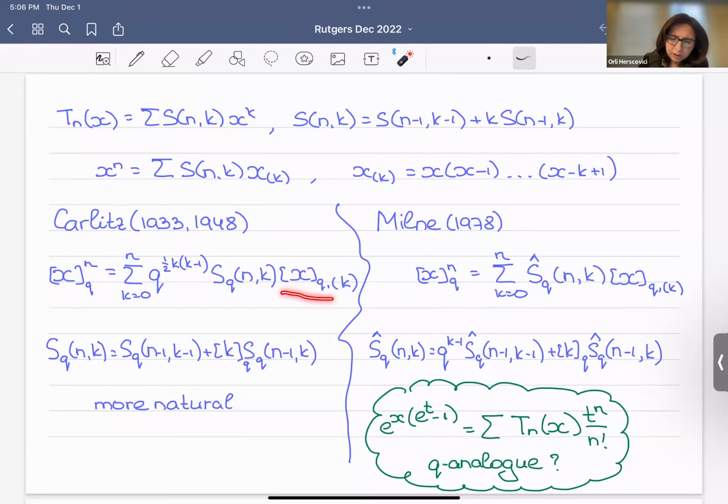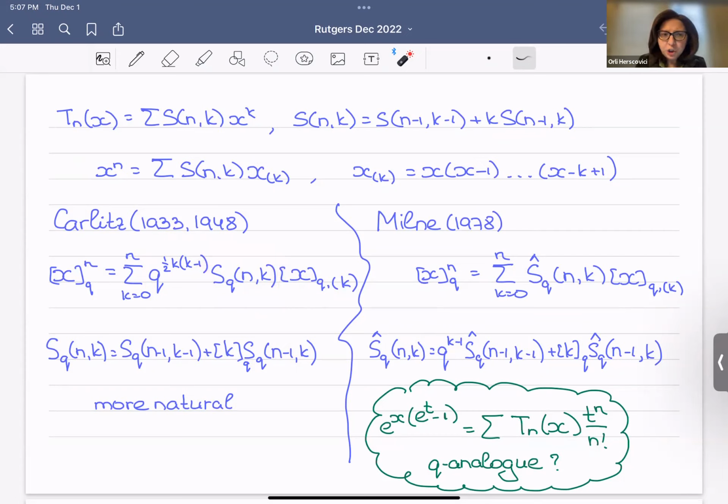And instead of the falling factorial, he took its q-analog. Another addition here is the coefficient q to the power of 1/2 times k(k minus 1). And then the rest will be the q-analog of the Stirling number of the second kind.